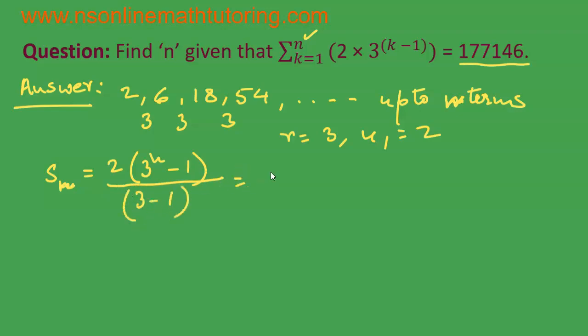This should be equal to the given number 177146. And 3 minus 1 is equal to 2. So these two will be cancelled. And we get 3 to the power of n is equal to 177146 plus 1.